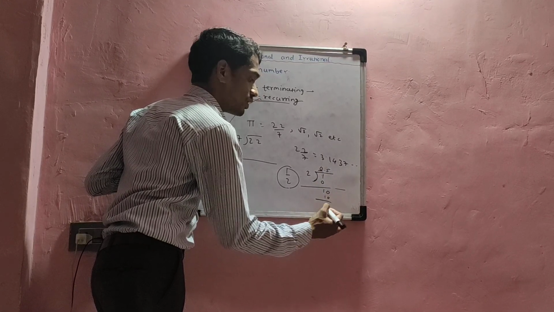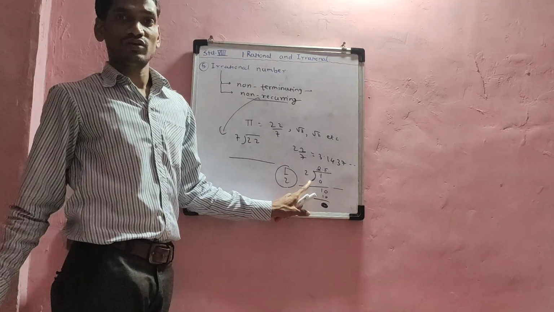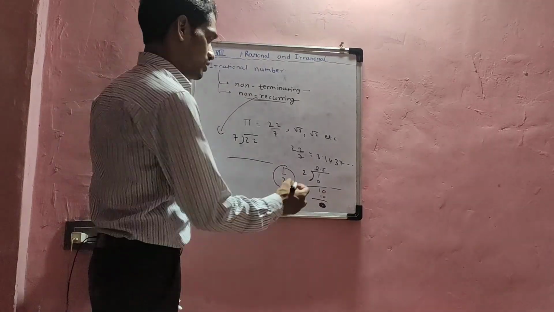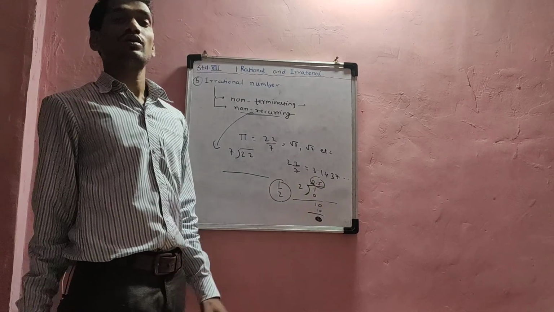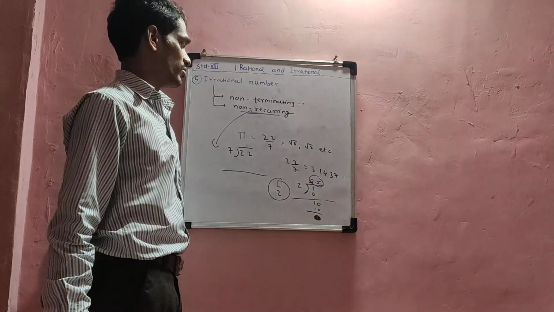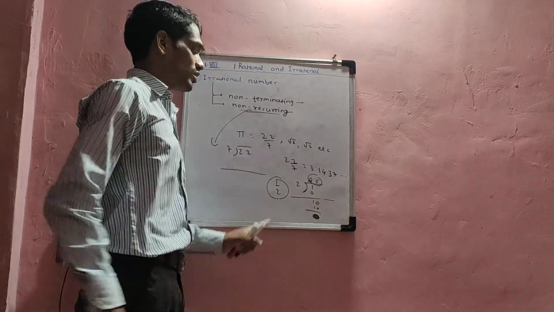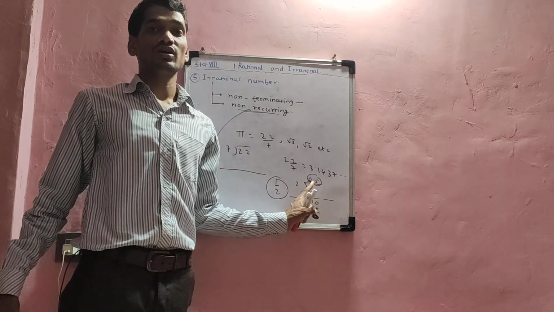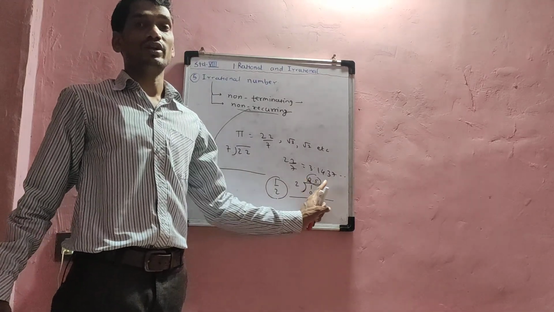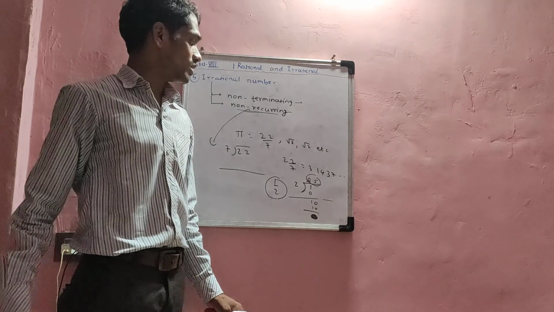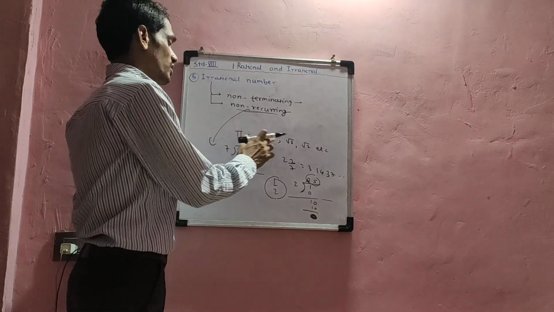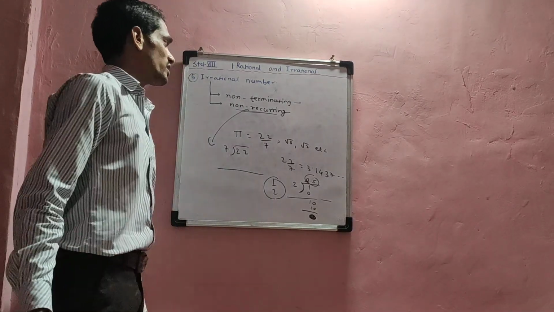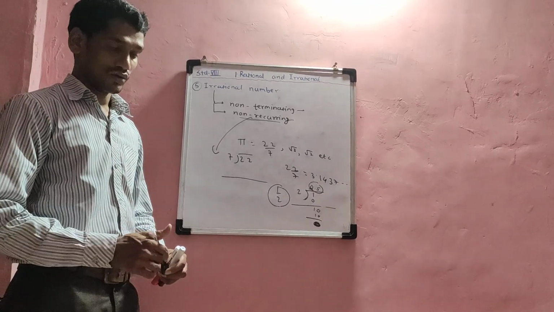So the division ended here. So it is not a non-terminating number. Non-recurring means the value is not repeated. Okay students, so pi, root 2, root 3 are irrational numbers.